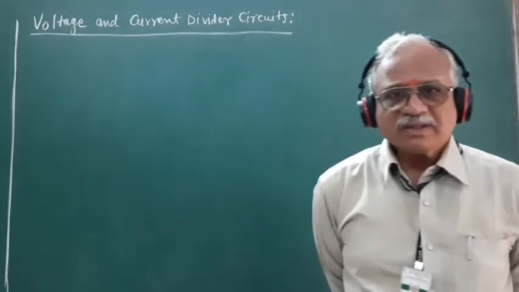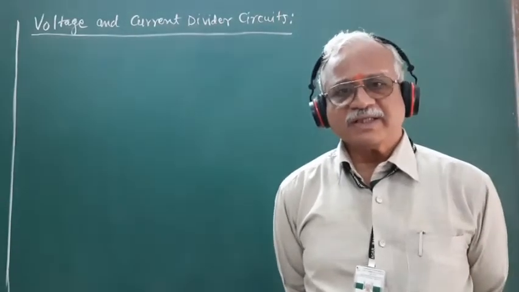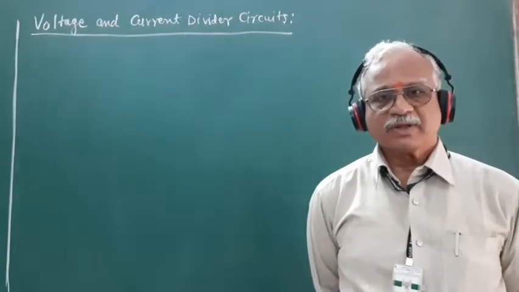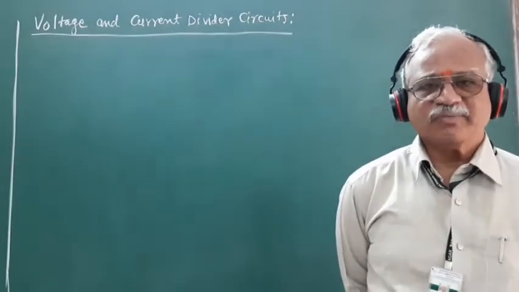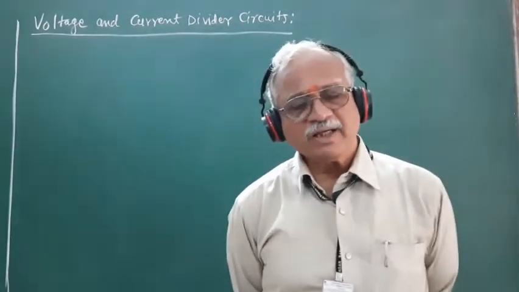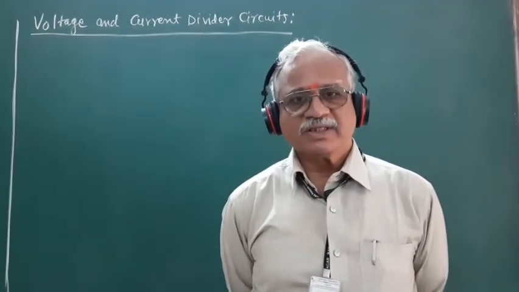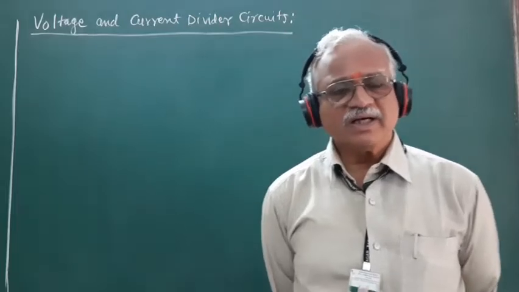If the different components in the given circuit are connected end to end, and across this combination we apply a source of EMF, such a circuit is called a series circuit.